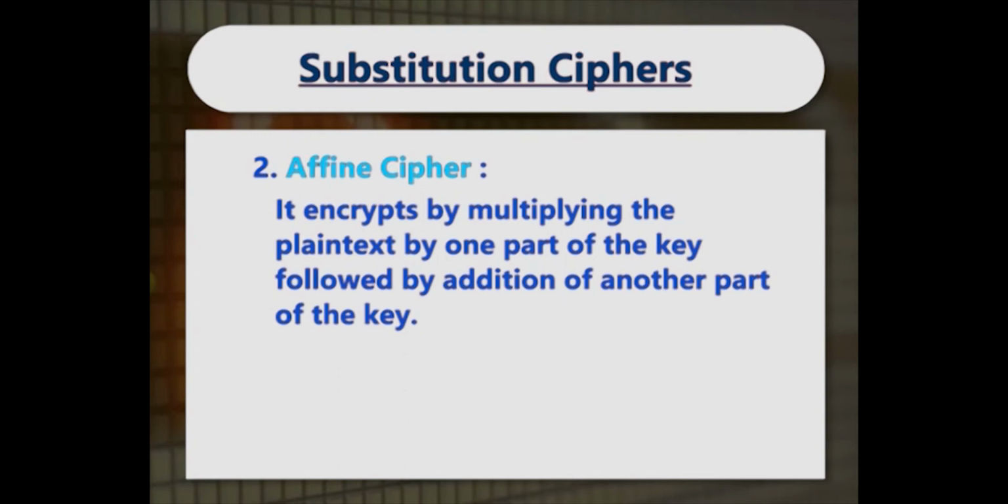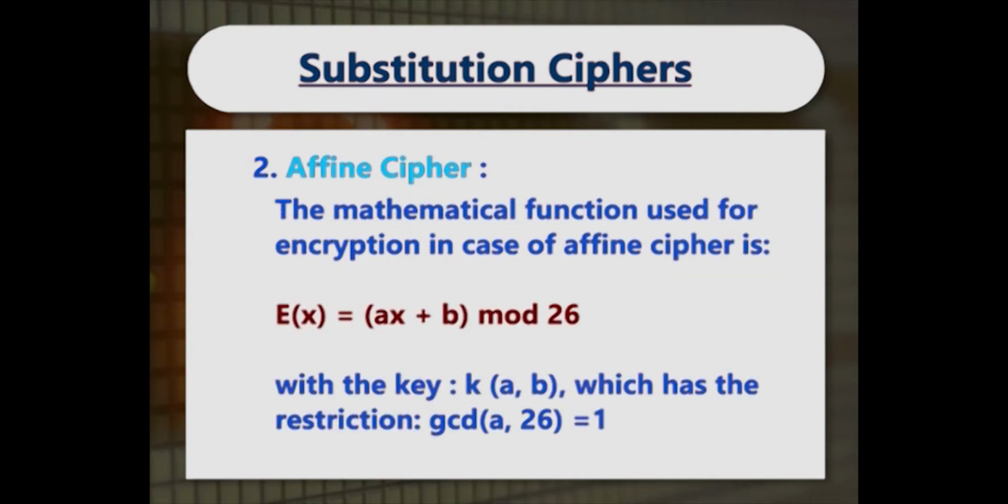The affine cipher encrypts by multiplying the plain text by one part of the key, followed by addition of another part of the key. The mathematical function used for encryption in the affine cipher is E(x) = (Ax + B) mod 26, with the key K = (A, B), which has the restriction that GCD(A, 26) = 1.